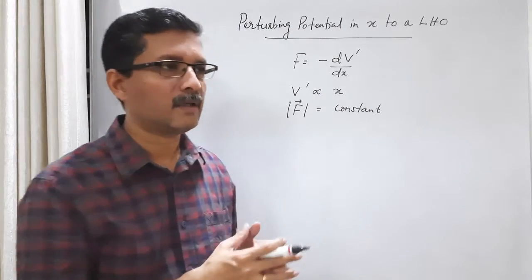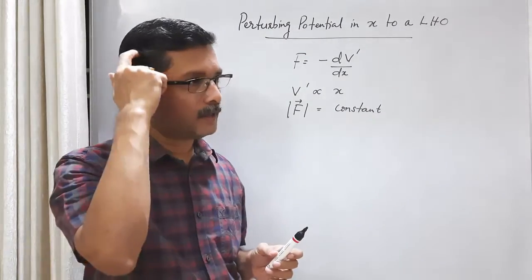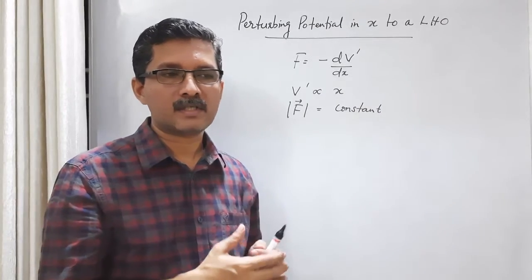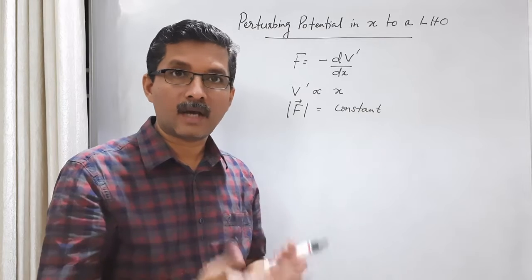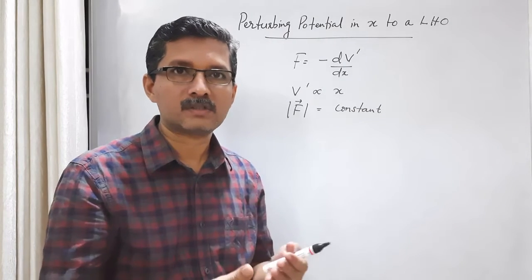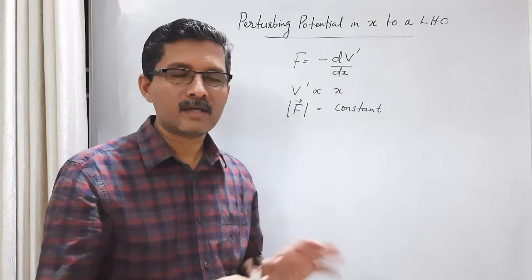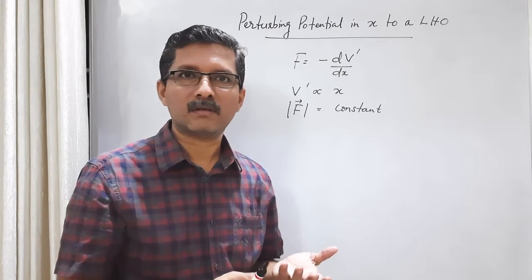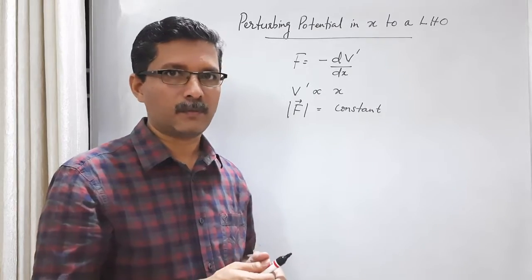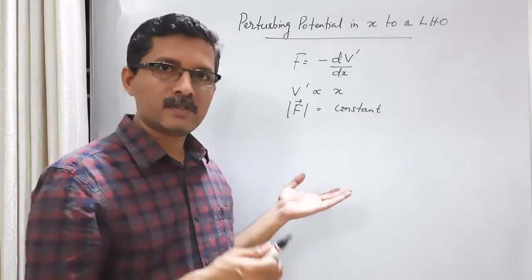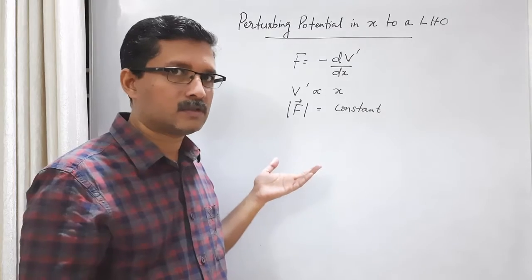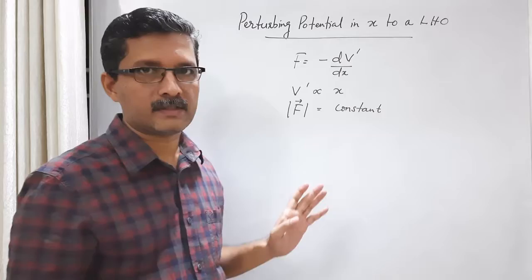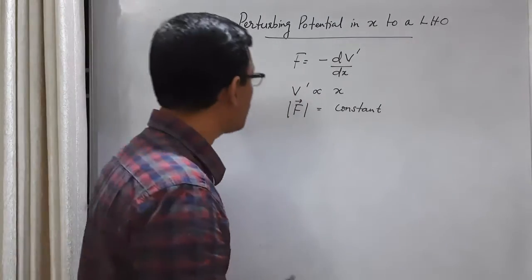Or we can think about a particle of mass m undergoing oscillations, and we are applying a uniform gravitational field, as near the surface of the earth. So then also the potential will be proportional to x. Force is uniform, so it can be electric force, gravitational force, or any constant force. Then perturbing potential is proportional to x. So we are going to consider one such problem.